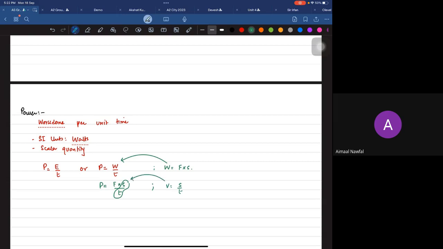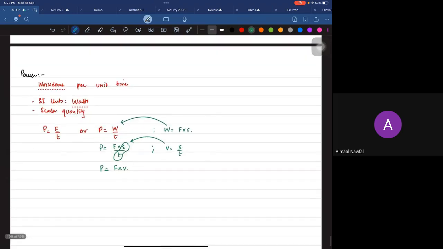That means power can be written as force times velocity as well. So now we have three formulas: power as energy over time, or work done over time, or power as force times velocity. Understood? Okay, write this down, please.